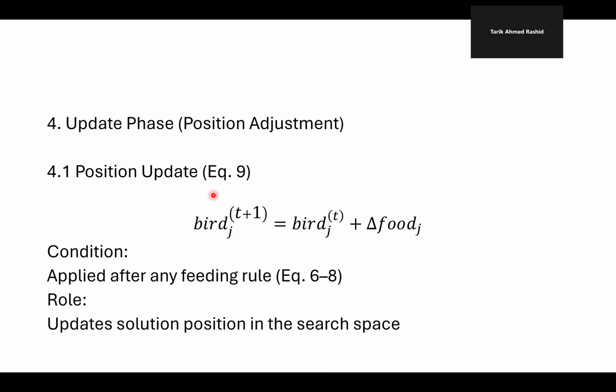Position adjustment means the next bird solution equals the current bird plus the delta food. We use equations 6 to 8: one of them for the male, the next for the parent feeding the child, and the last for the female parent feeding its child.